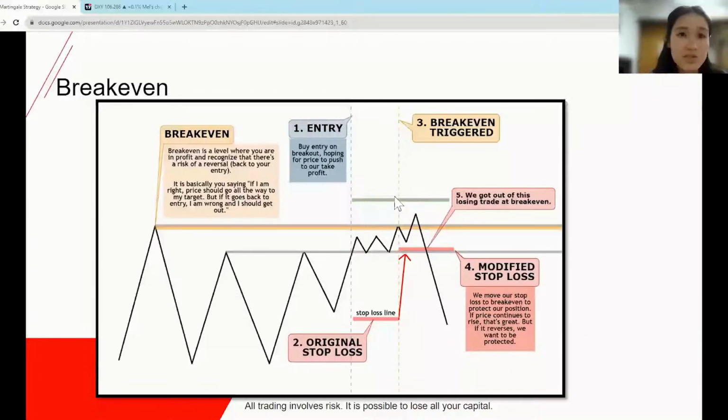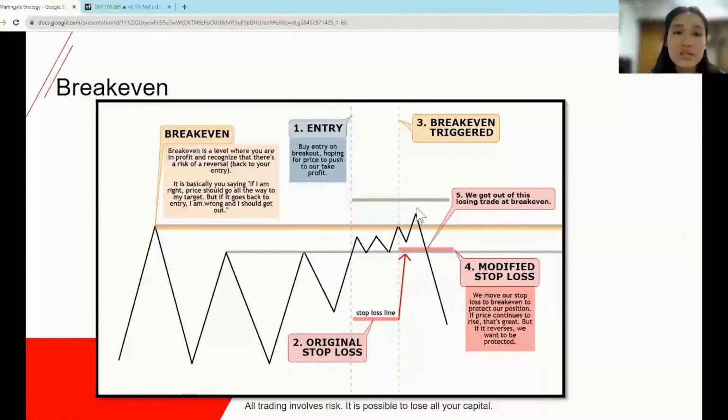Our take profit is at this green area here. So it's continuing, but it actually reverses. Now that I see it reverse, I quickly go in at my break-even level here. This is where my break-even is at, this swing high resistance, and my break-even is triggered at this level.